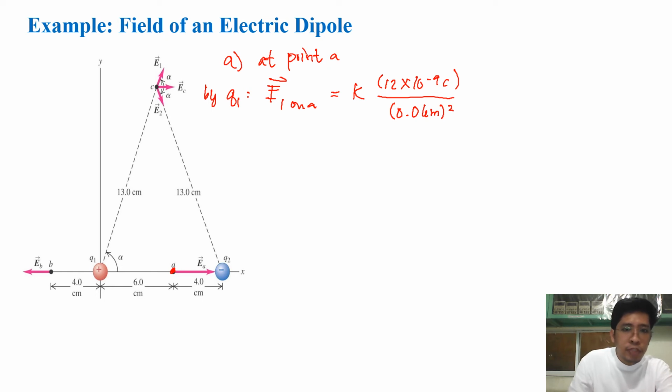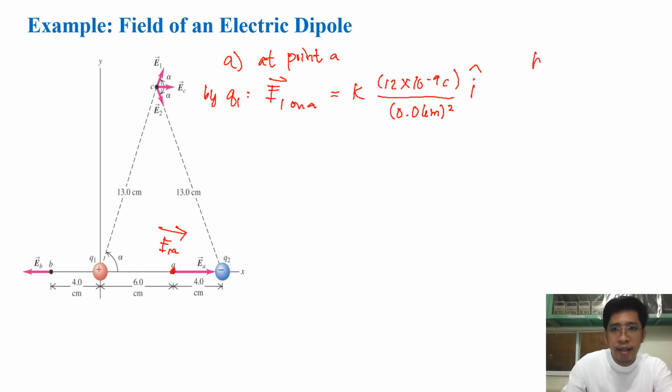And here at point A, you know that this one is a positive test charge, so the electric field is radially outward. You have here your E1A, which is along the x-axis. So you can now write your R hat, which is just your I hat. How did that happen?